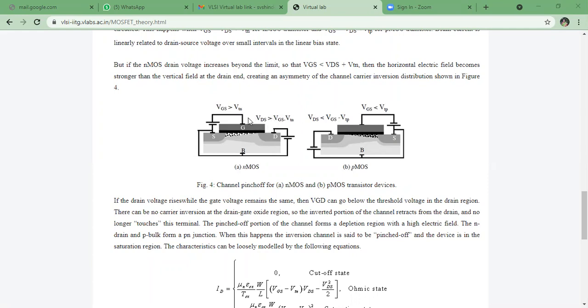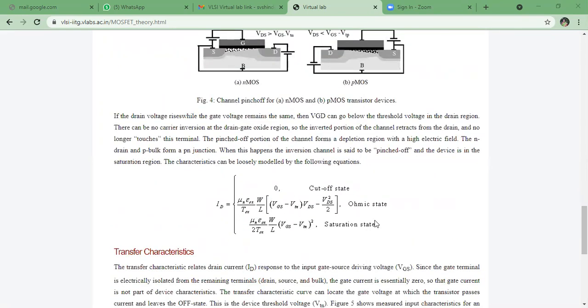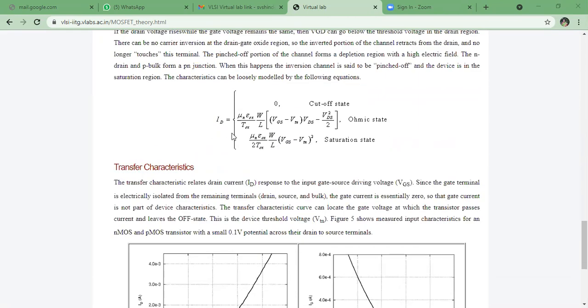Now here these are the voltage levels, and these are the characteristics. First this is the ohmic state and this is the saturation state. Whenever the cutoff region is there, ID is equal to 0.